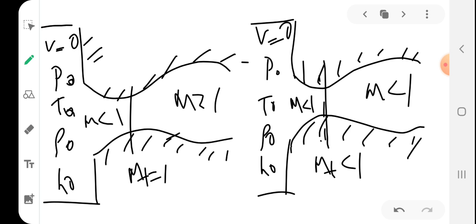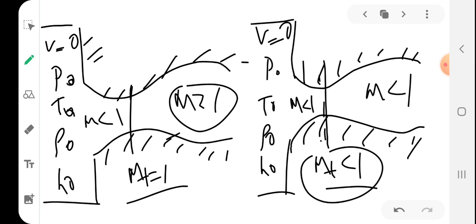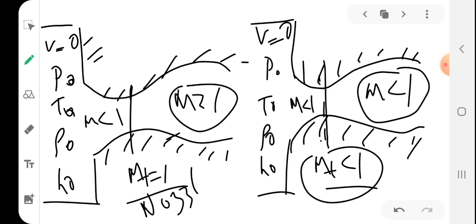But what is the difference? Here at the throat, the minimum area, the Mach number reaches 1, but here it remains less than 1. If M is equal to 1, then after that section the flow will become supersonic. But if the Mach number remains less than 1 at the throat, then after that the flow will be subsonic itself. That is the difference. So this will be a nozzle, and this will be a Venturi.